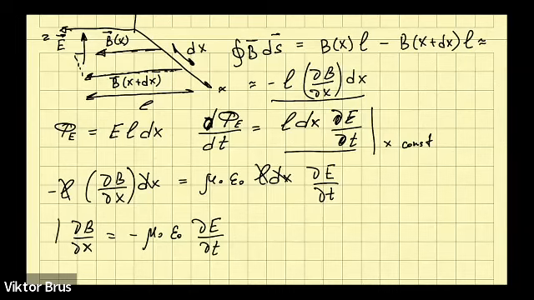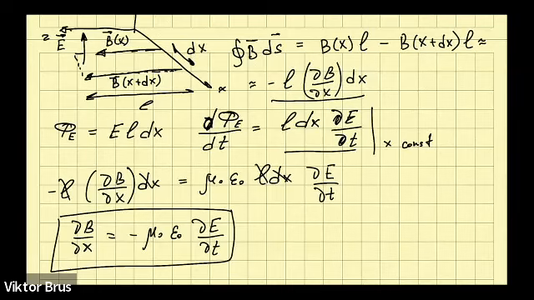This equation is also important for us. This relationship between the space change, the magnetic field varying in space, and the electric field varying in time.